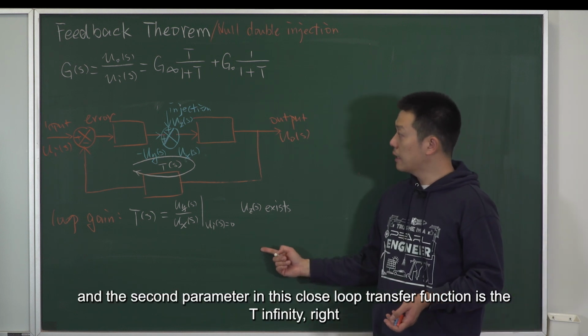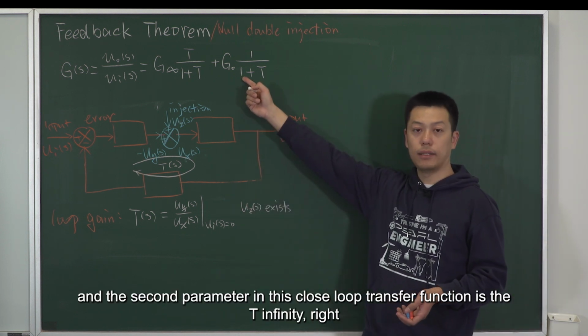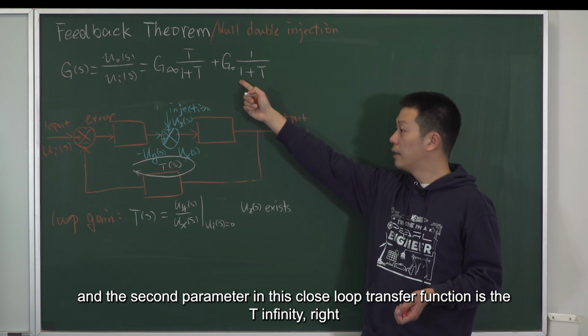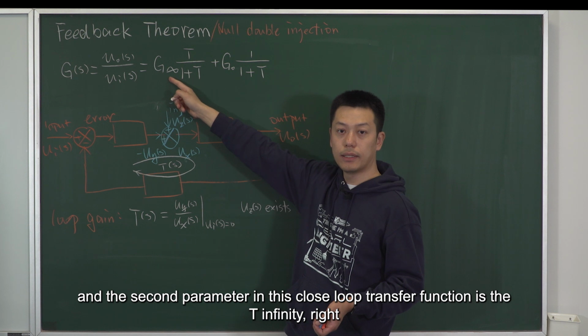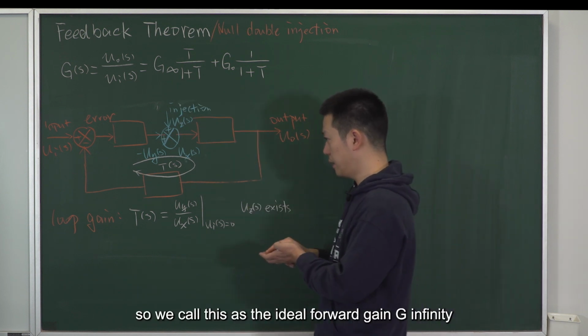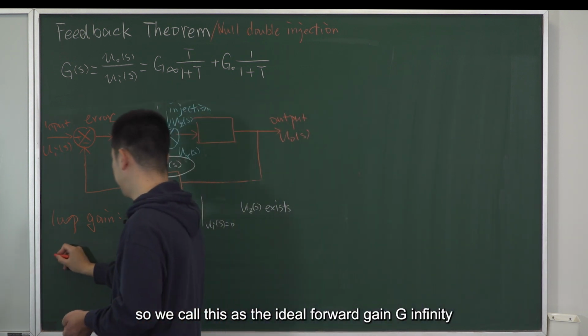And the second parameter in this closed loop transfer function is G infinity, right? We call this the ideal forward gain.